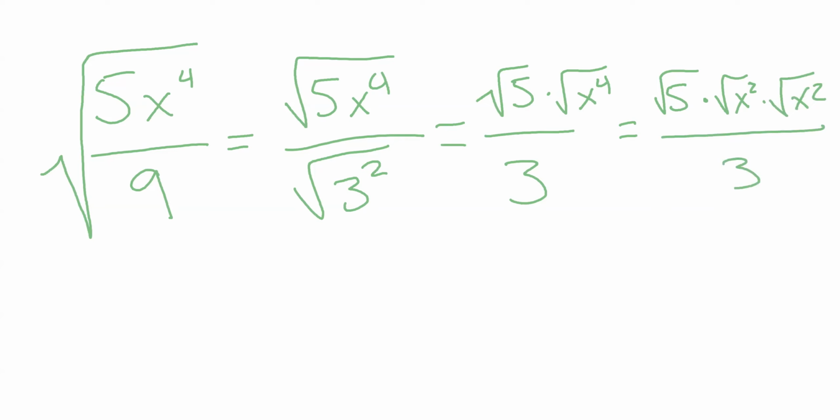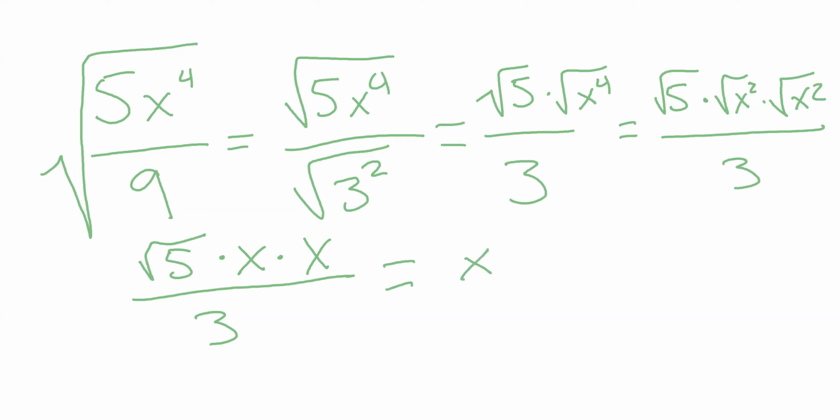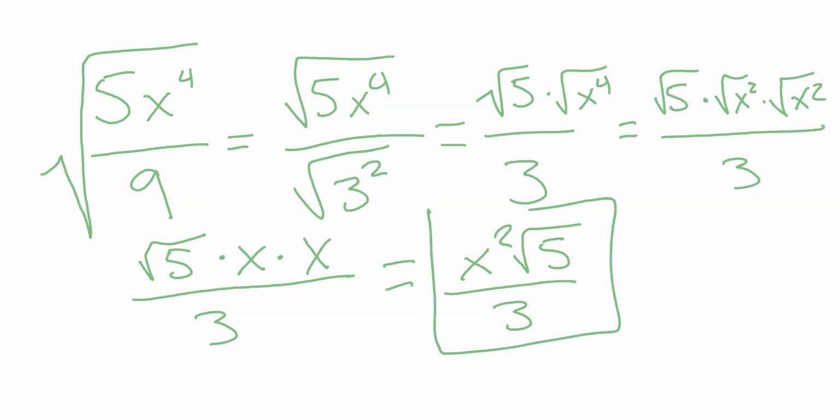So we've got square root of 5 times x all over 3. And to avoid any confusion about where this radical ends, we usually like to write everything before the radical. So I'm going to put my factors of x before that root 5. Right. And now that radical is completely simplified.